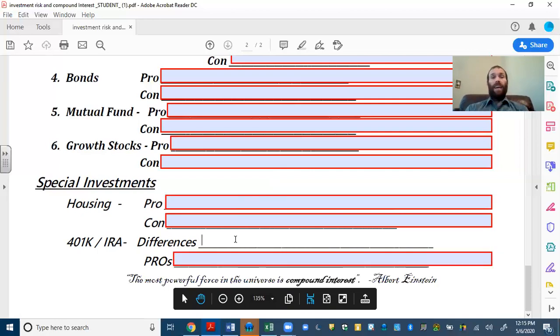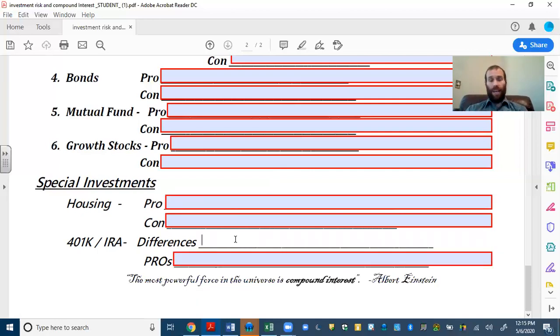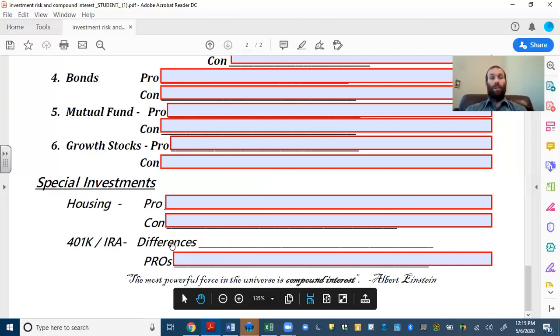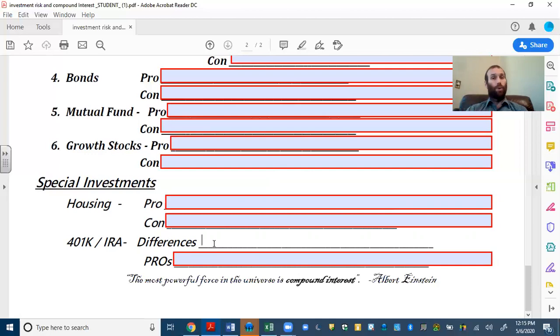A 401k and IRA are retirement accounts. They're special retirement accounts that can be created through your business or a private investment bank. So let's go over the difference between a 401k and an IRA. A 401k is through your employer, whereas IRA stands for individual retirement account. That means you can get one at almost any financial institution.